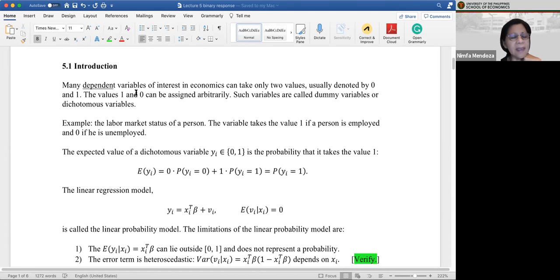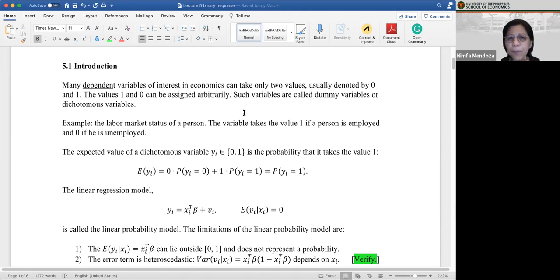It just makes the analysis simpler in terms of notation if we use 0 and 1. You can use, let's say, -5 and +3 for the binary variable. You would still get the same results. Of course, you would then have to modify your interpretation.